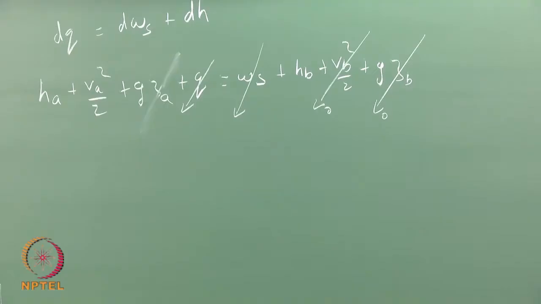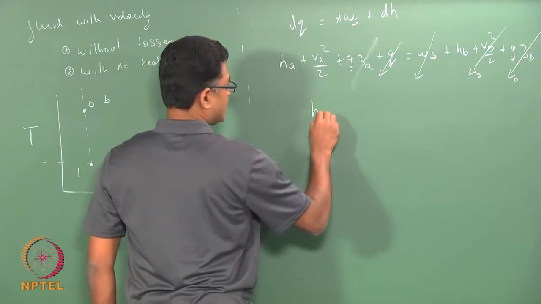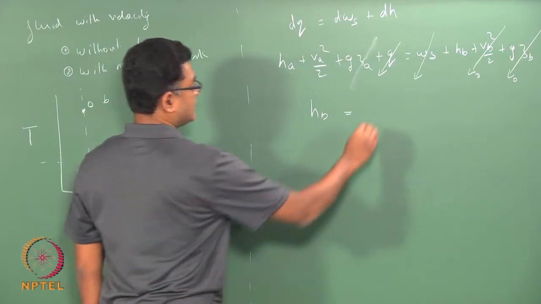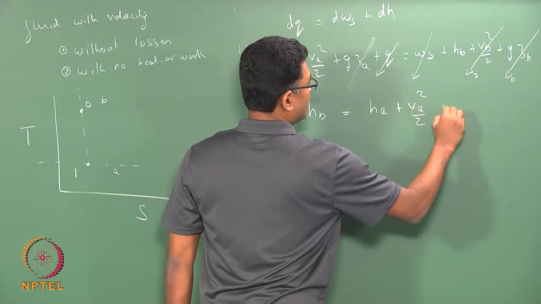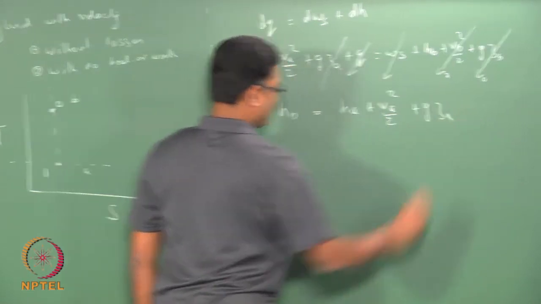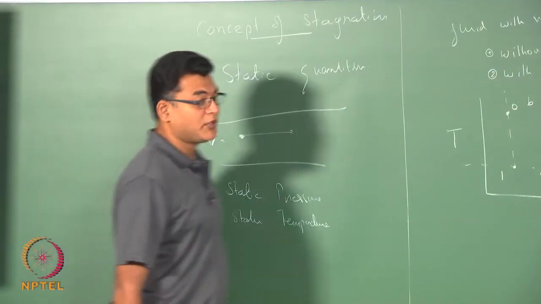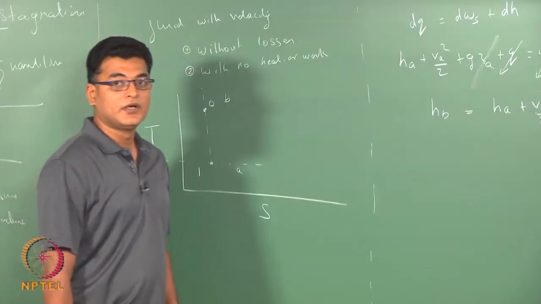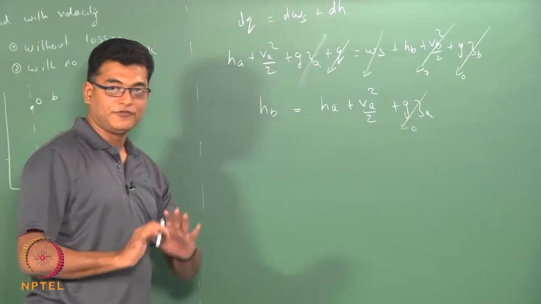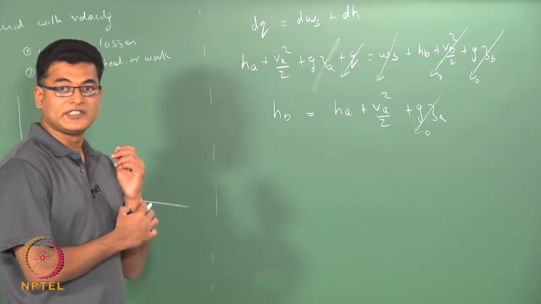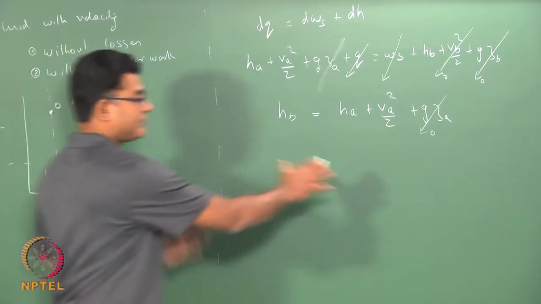The potential energy is also brought to 0. So, my HB is HA plus VA square by 2 plus G ZA. Let us assume flows without the potential energy, which means that quantity is also 0, for most of the cases that we are going to discuss in this course. So, let us just stick with the kinetic energy.